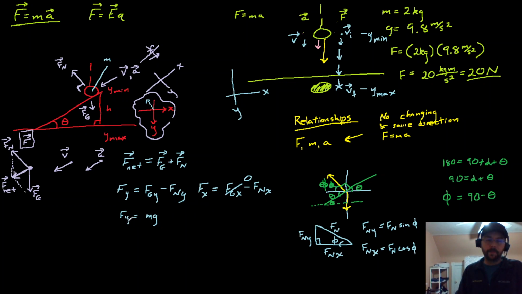So the force in the y direction equals mg minus the magnitude of the normal force times sine of phi, and the net force in the x direction equals negative the magnitude of the normal force times cosine of phi.